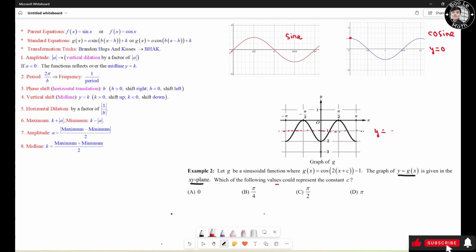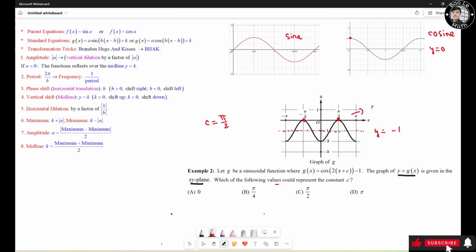Y equals -1, right? So if you pick these points, the function shifts to the left pi over 2. So then c equals pi over 2, right? If you pick this point right here, the function shifts to the right pi over 2.